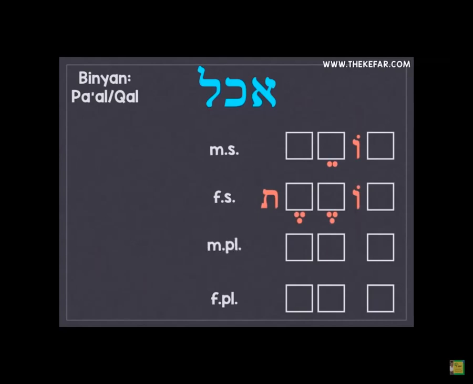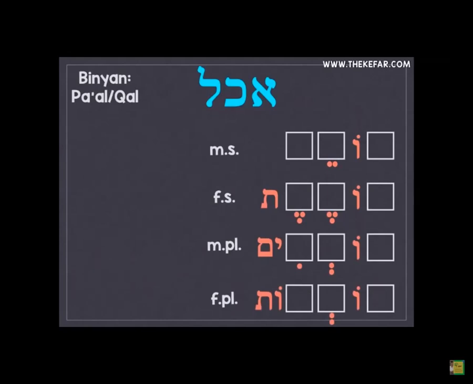For masculine plural, our vowel pattern is O-im. And if you know anything about pluralization in Hebrew for masculine and feminine, you might be able to guess that for feminine plural, our vowel pattern is O-ot. So O-E, O-E-et, O-im, and O-ot.